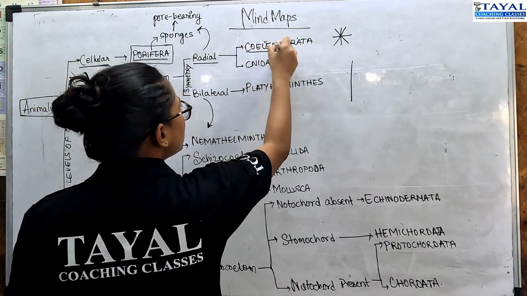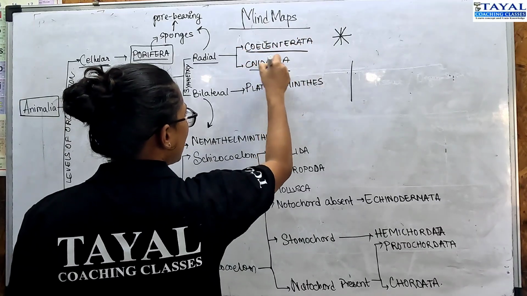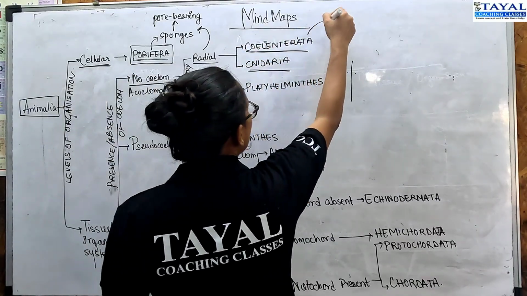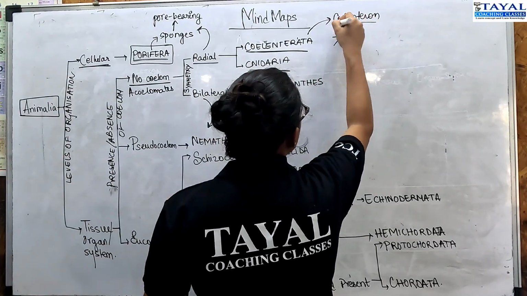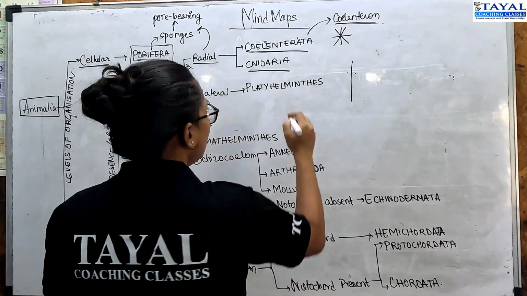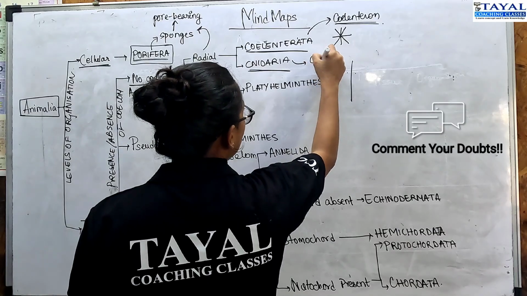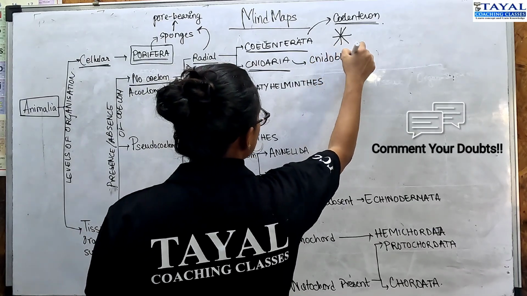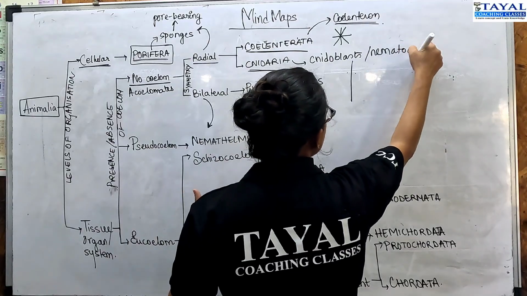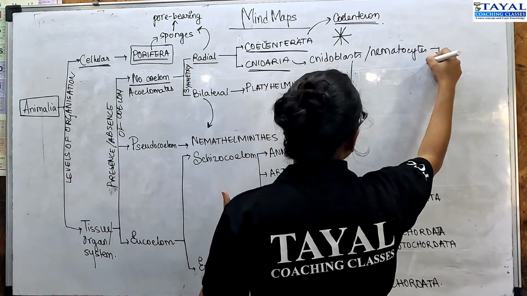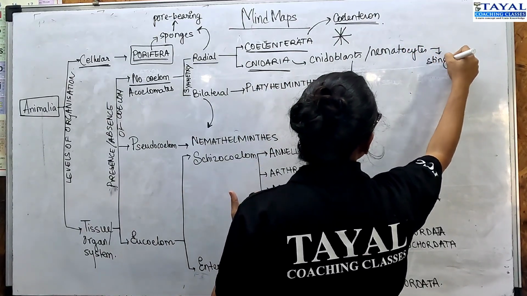In radial body symmetry, we have coelenterata and cnidaria. Coelenterata have a body cavity which is known as coelenteron, hence they get the name coelenterata, and cnidaria have cnidoblasts or nematocytes, which are basically your stinging cells, right?